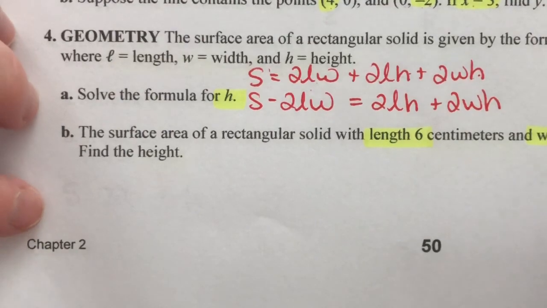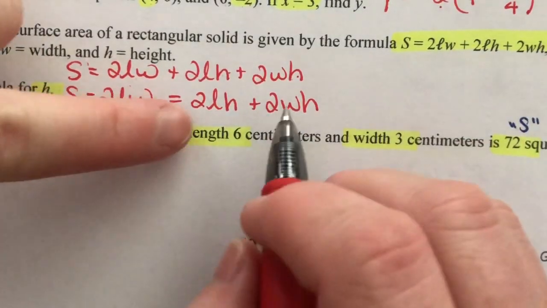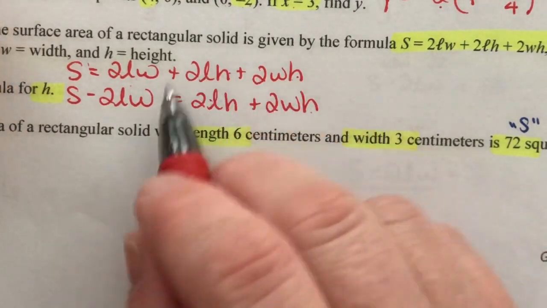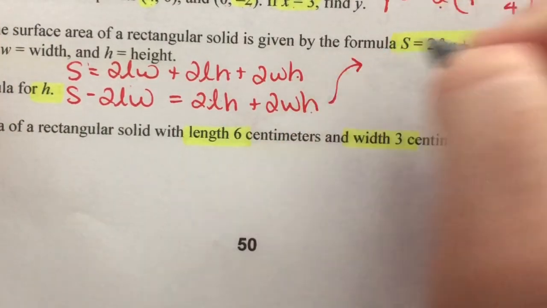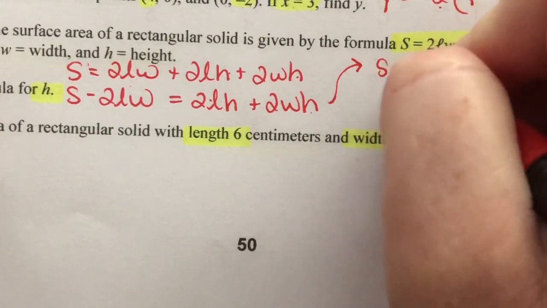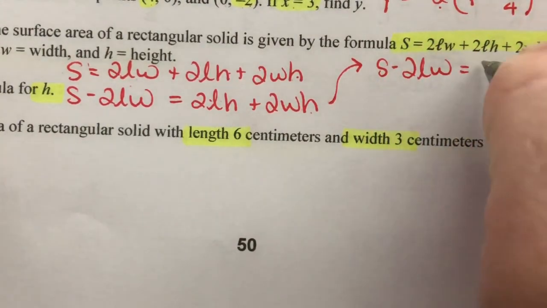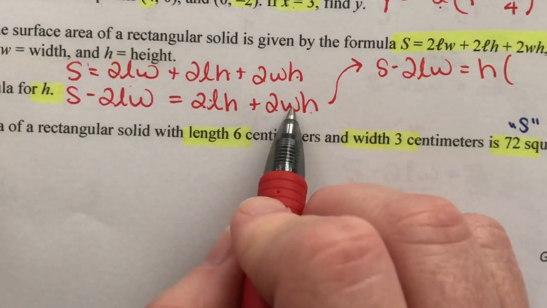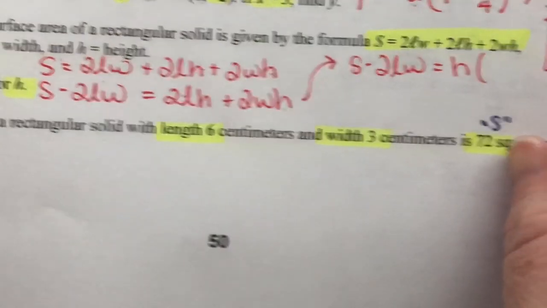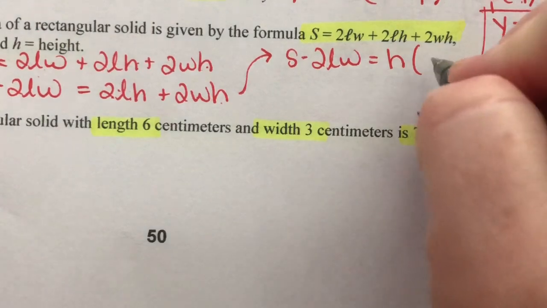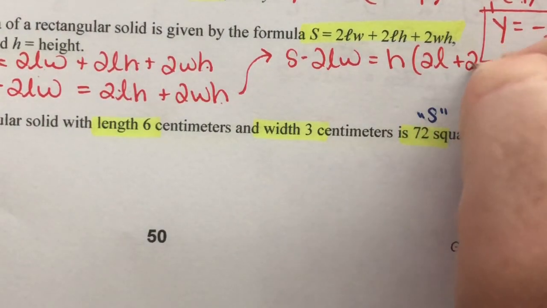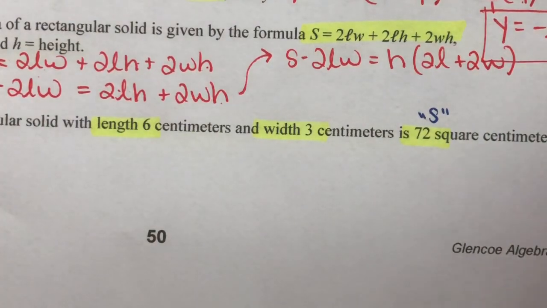Now my goal is to get H by itself, and right now both of these terms have been multiplied by H. So I'm going to factor that H back out. So I'm going to have S minus 2LW equals H, and then everything I get when I divide both of these terms by H gets put back in parentheses. So 2LH divided by H equals 2L, and 2WH divided by H equals 2W.